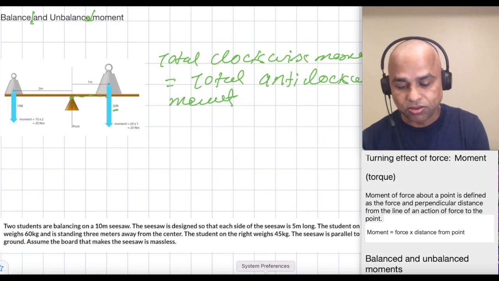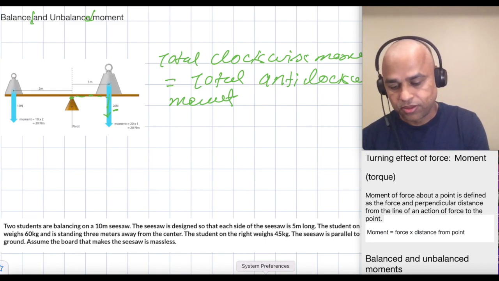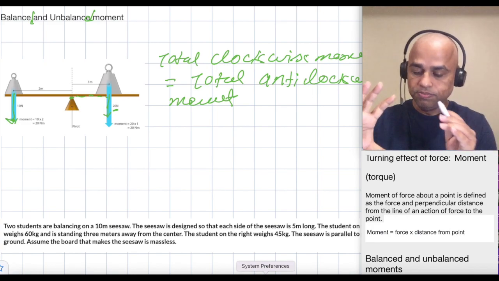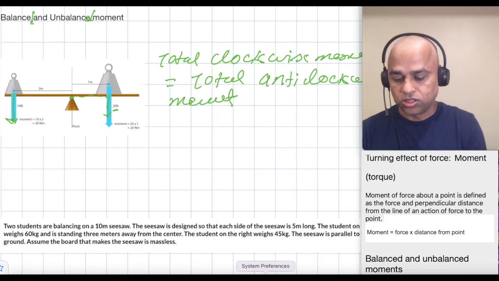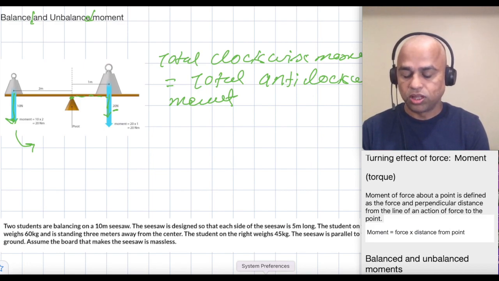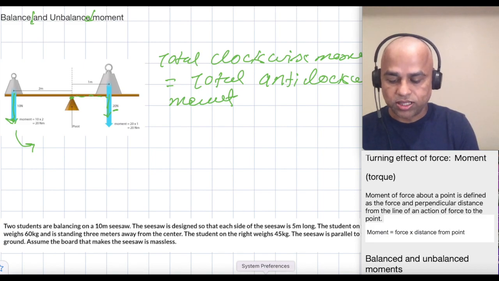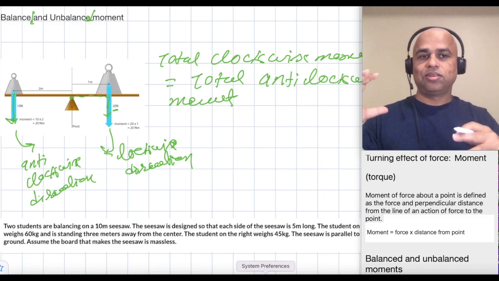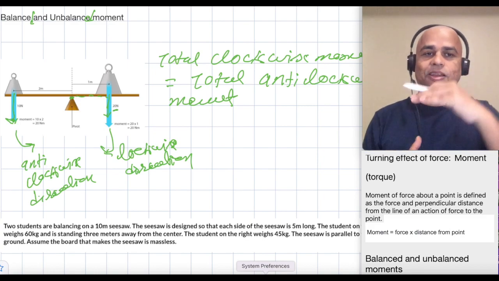This is a perpendicular distance, perpendicular with the length. This is also perpendicular. This one is moving in the counterclockwise, anti-clockwise direction. So the moments are in the clockwise and the anti-clockwise directions.